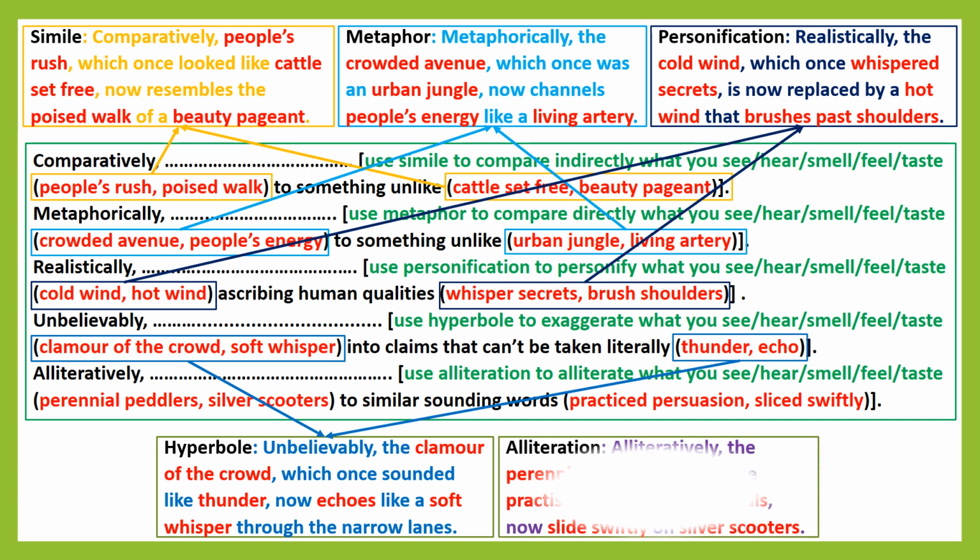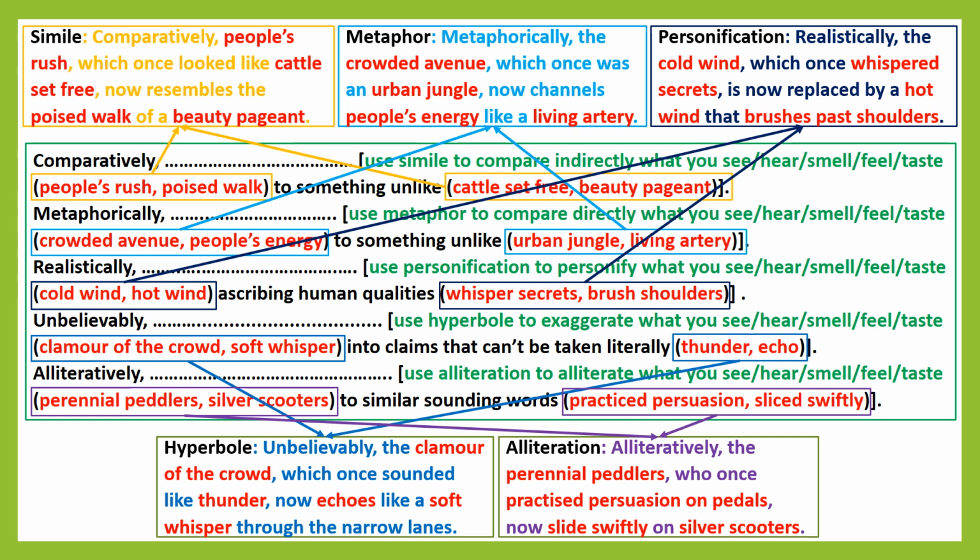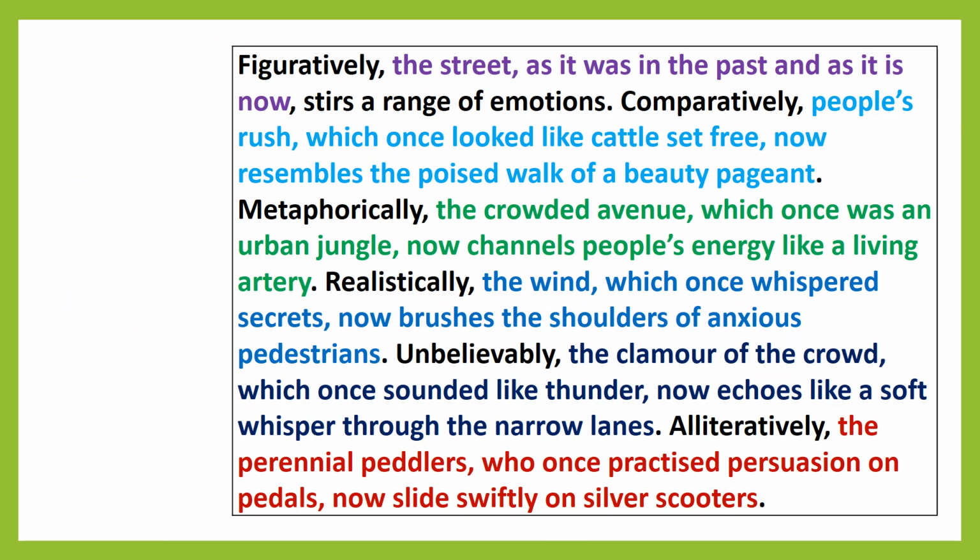Use alliteration to describe the use of bicycles in the street then and now. Create repeated initial sounds such as perennial peddlers practicing persuasion, and contrast this with the present through silver scooters sliding swiftly. Your response to body paragraph 3 should be structured as follows.